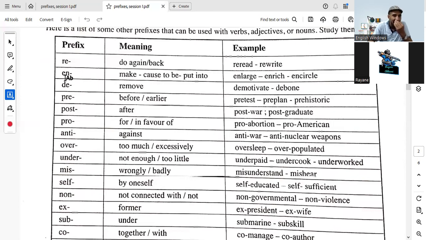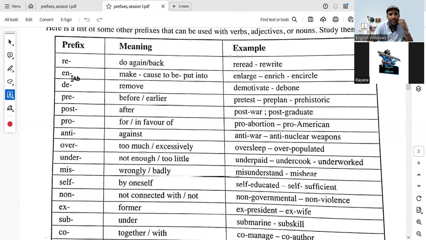Well, we've got prefix number 1 here, re. The meaning of this prefix is simply to do something again. Rewrite, read again, right? It means you've got to do it again. For example, reread, rewrite, and so on.